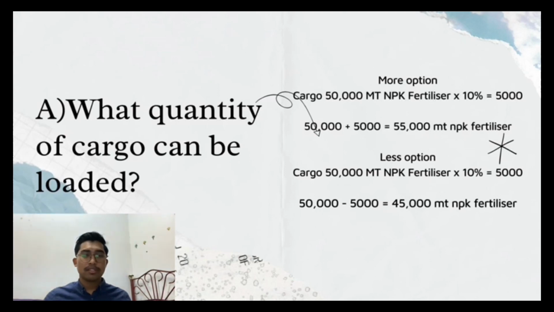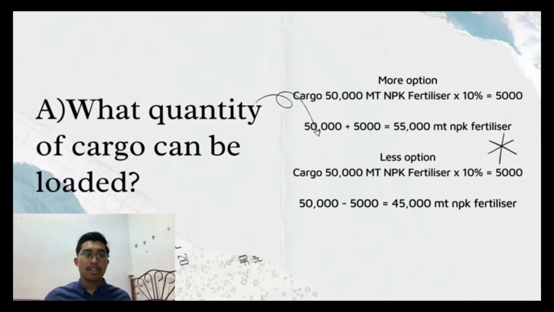The answer that we get will be added to the amount of cargo that I said before: 50,000 metric tons of NPK fertilizer plus 5,000 equals 55,000 metric tons of NPK fertilizer.